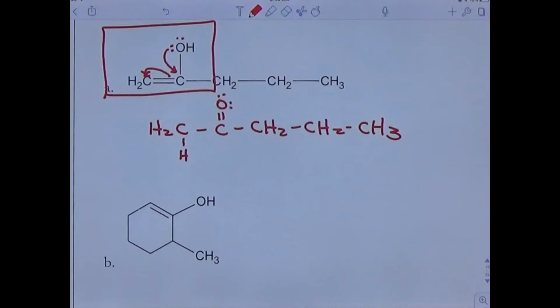Okay, notice you're always working within 3 atoms there: the double bond and the oxygen with the non-bonding electron pair.